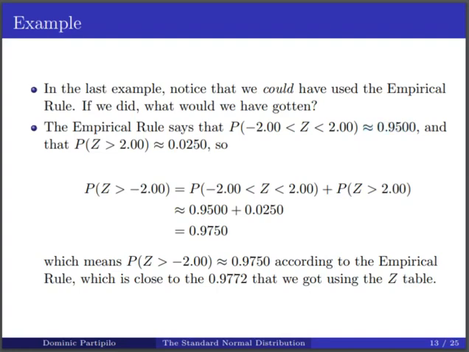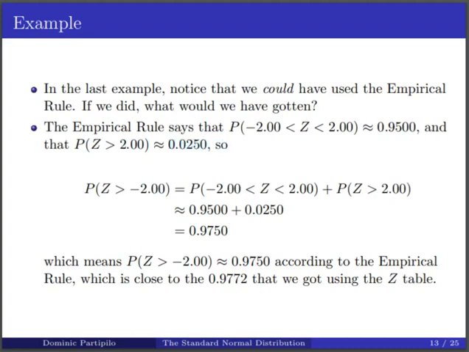And then from the examples that we did with the empirical rule, we determined that since there was 95% in the middle, then there was 2.5% on either side in the tails. So the probability that z is greater than 2, or the right tail, is 0.025.